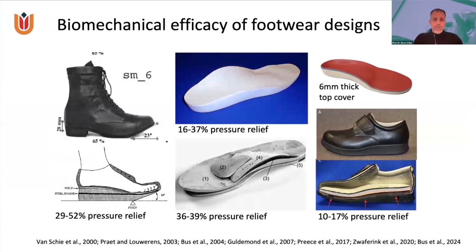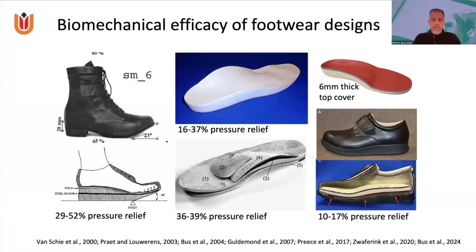So going back to the footwear, the biomechanical effect that we find from the footwear is very well known. There are a lot of design elements in a shoe that you can apply. For example, a rocker outsole, where we have known for quite a long time what the pressure relieving effect is.